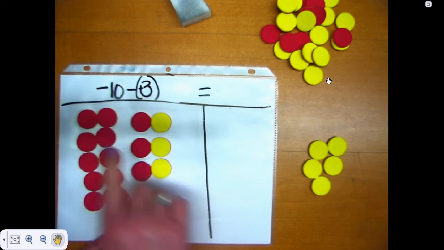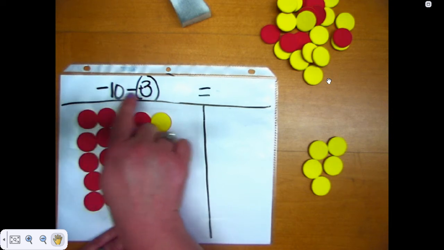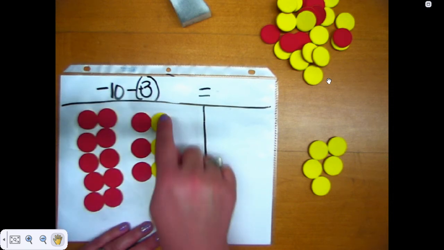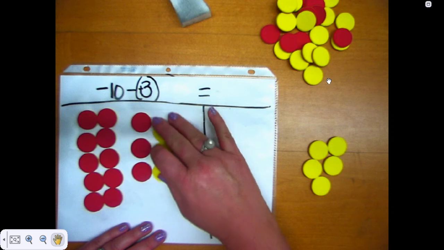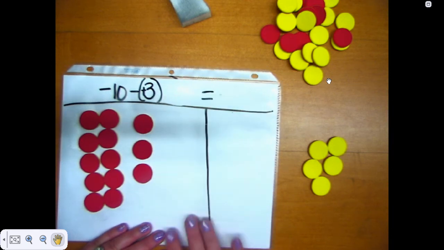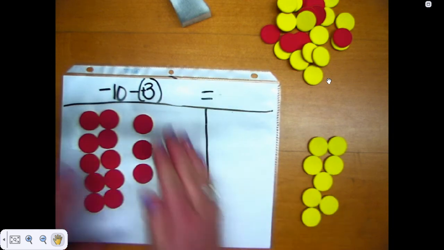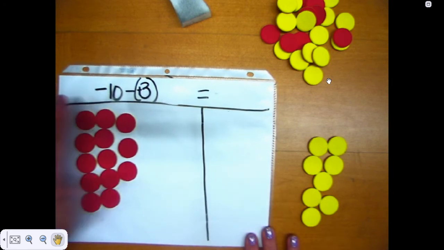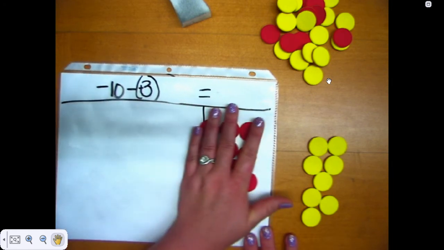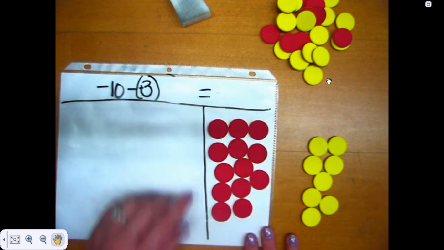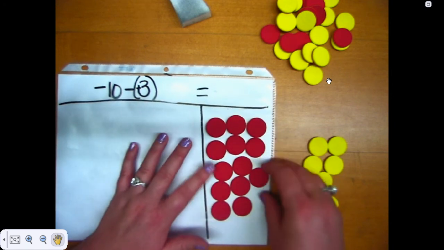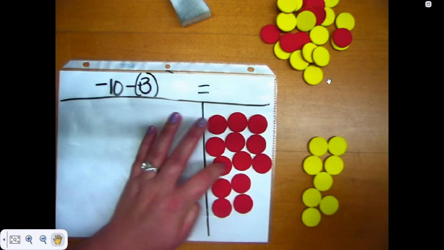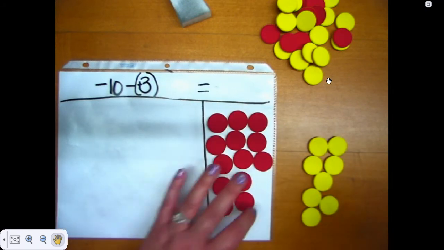Now, my problem says negative 10 minus positive 3. Now I do have positive 3, so I can take them away. And now all of my colors are the same, so I can push them over to the equal sign, and this is my answer. So my answer is 1, 2, 3, 4, 5, 6, 7, 8, 9, 10, 11, 12, 13.